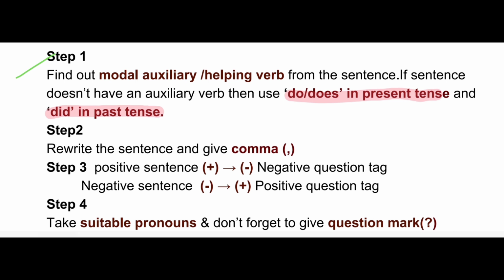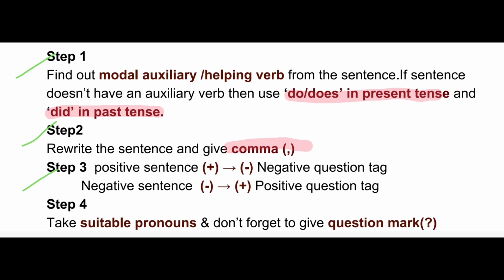Step 2. In step 2, rewrite the sentence and give a comma. This comma is very important in the add a question tag. Our third step is, positive sentence turns into the negative question tag and negative sentence turns into the positive question tag.